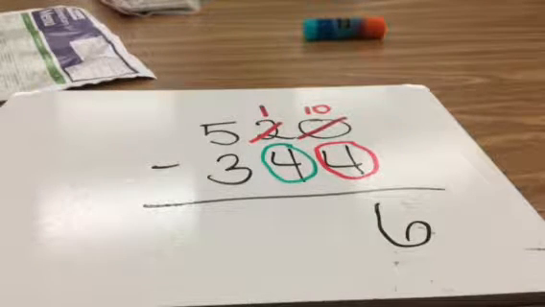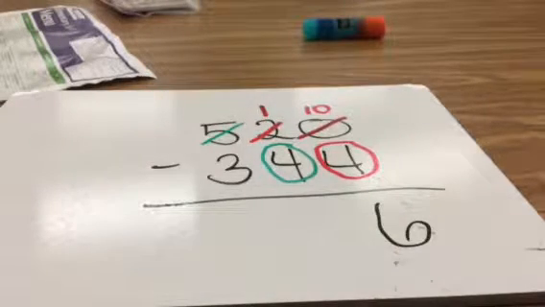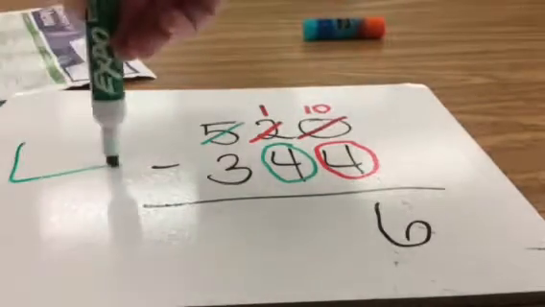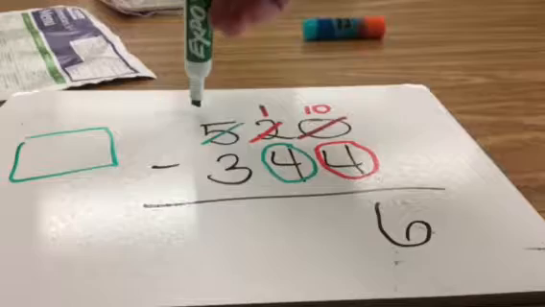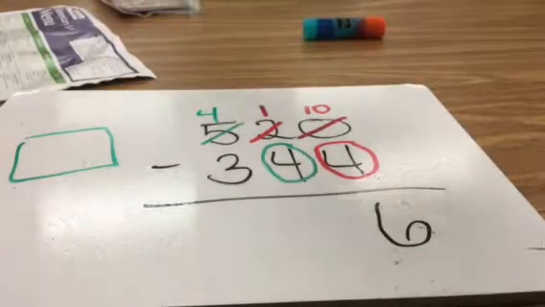So I see in the poem that's more on the floor, go next door to borrow 10 more. So I'm going to go next door. I'm going to borrow one of those flats, one of those hundreds, and I'm going to trade it for 10 tens. So if I borrow 1, I have 4 left, and I had 1.